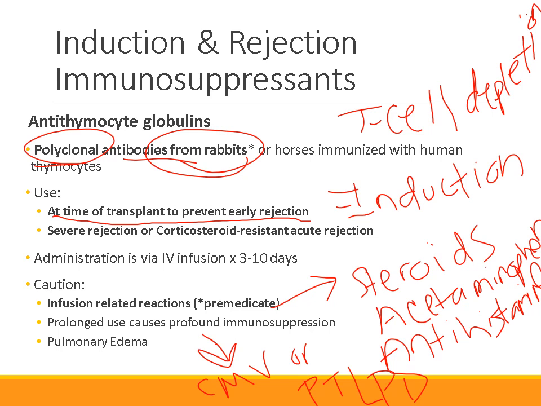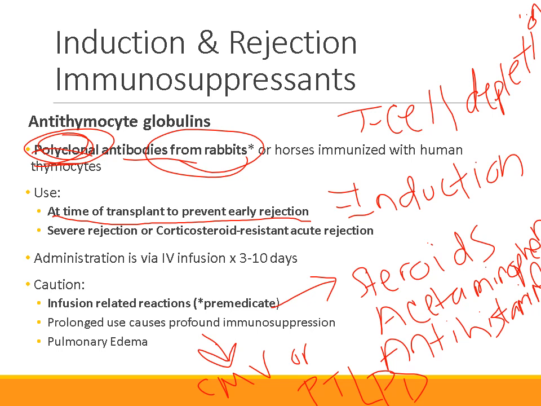One thing to note as we go through these, you'll hear the words polyclonal antibody or monoclonal antibodies. Poly means many, right? Mono means one. So these are polyclonal antibodies. They are more variable or less specific than the monoclonal antibodies.